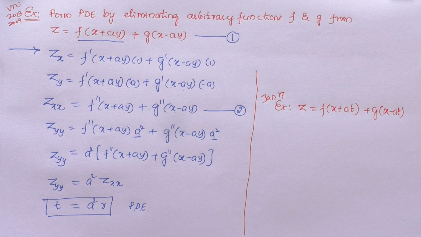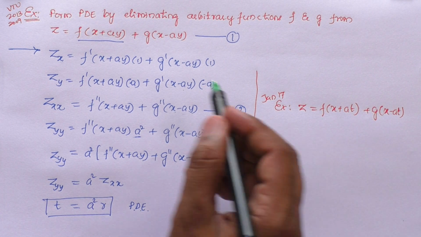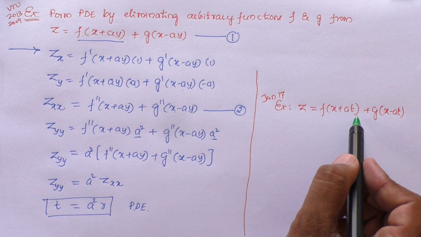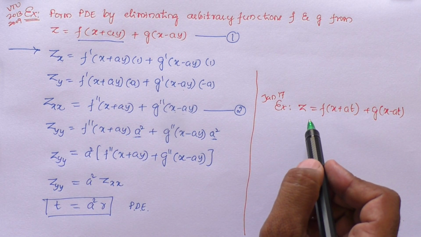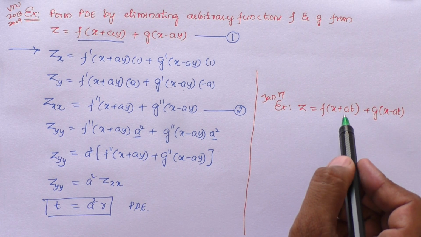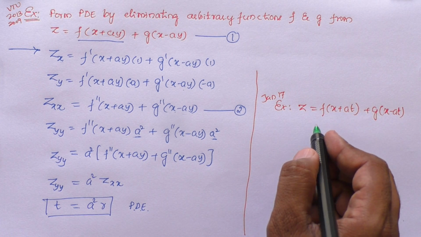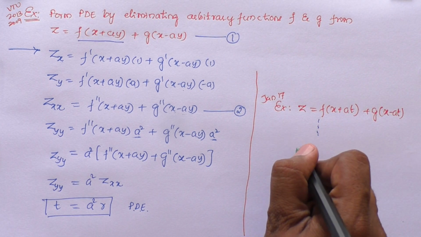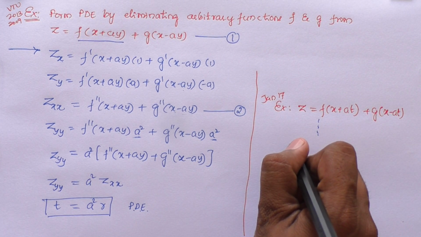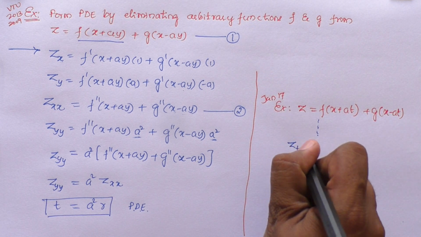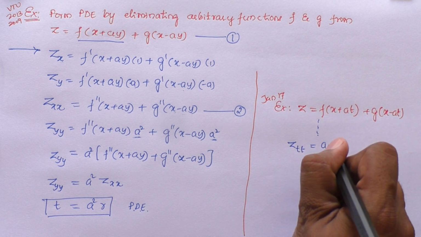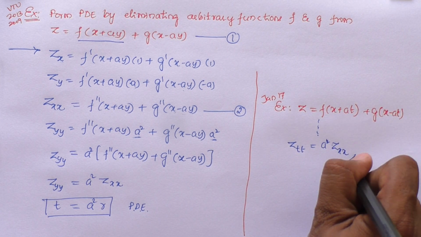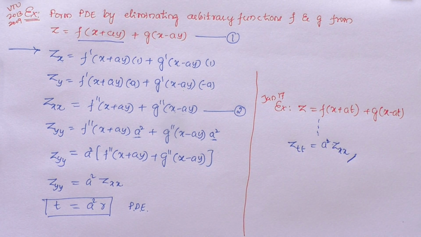It is the same as the given problem, but instead of x and y, here we have x and t. Just go for differentiation with respect to x twice, then with respect to t twice. For this problem you are going to get the answer ztt equal to a square zxx. You try this problem yourself.